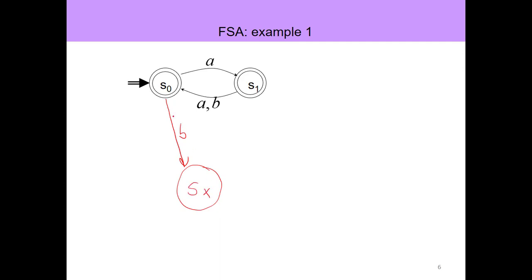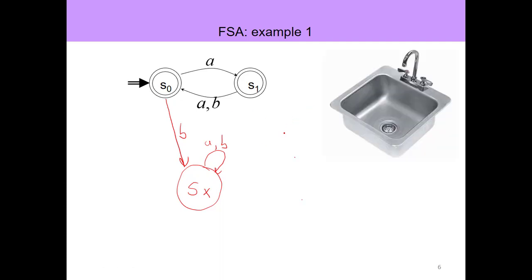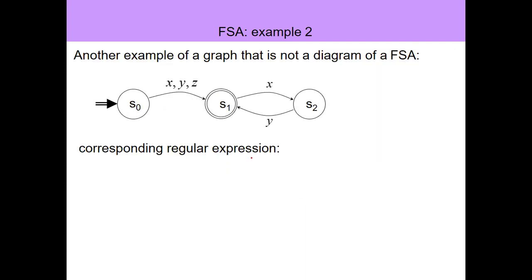We say, okay, if we get a B in this situation, you go to a sink and I never want to hear from you again. So whatever you get here, whether it's an A or a B, you stay in this sink. So symbolically, we added a sink. So if in S0 we get a B, we can never get out of this finite state automaton anymore.